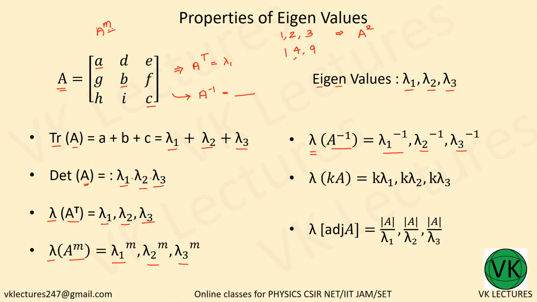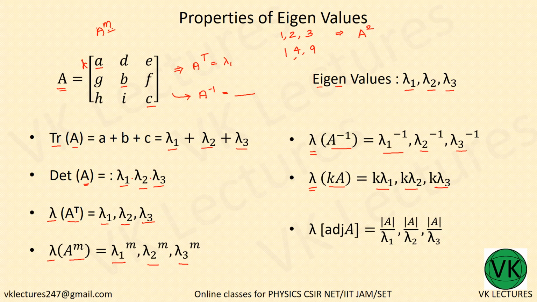That is 1 by lambda 1, 1 by lambda 2 and 1 by lambda 3. Now the eigenvalue of k times A, where k is some constant, that means I am multiplying this matrix A by some constant k. What will happen to its eigenvalues? The eigenvalues will also get multiplied by k.